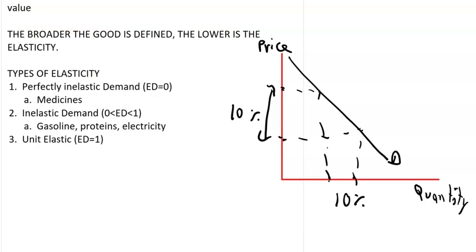So in our case, unit elastic demand is where elasticity of demand equals 1. There aren't really specific examples for this. It's just something we note, where if price goes up by a certain proportion, quantity goes down by the same proportion. We may use one example, maybe housing.